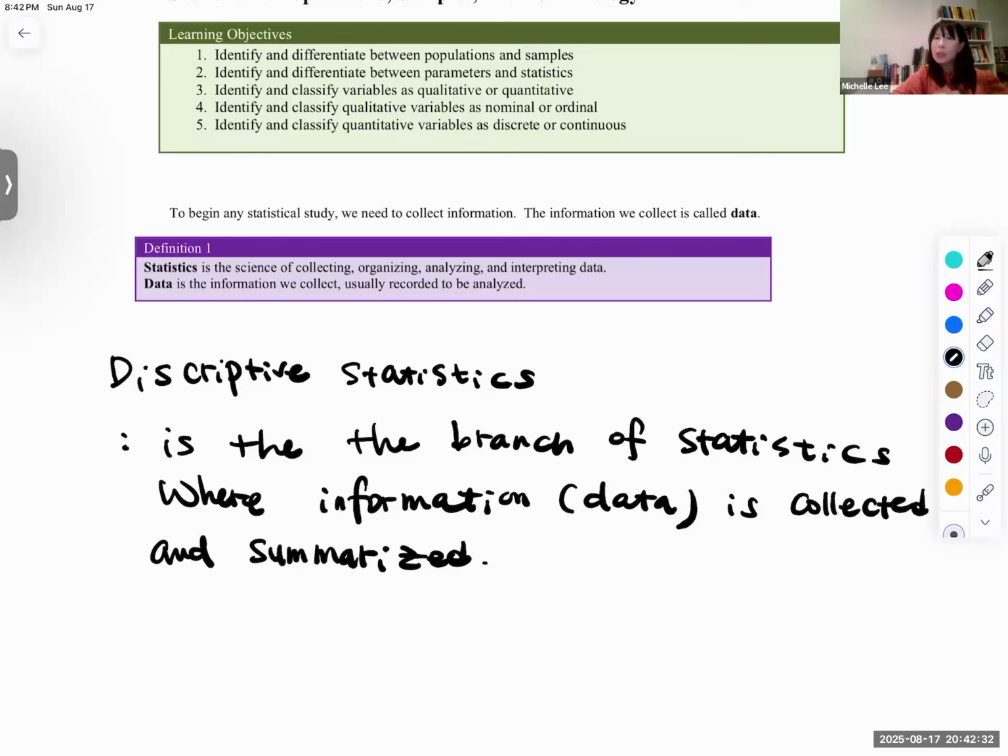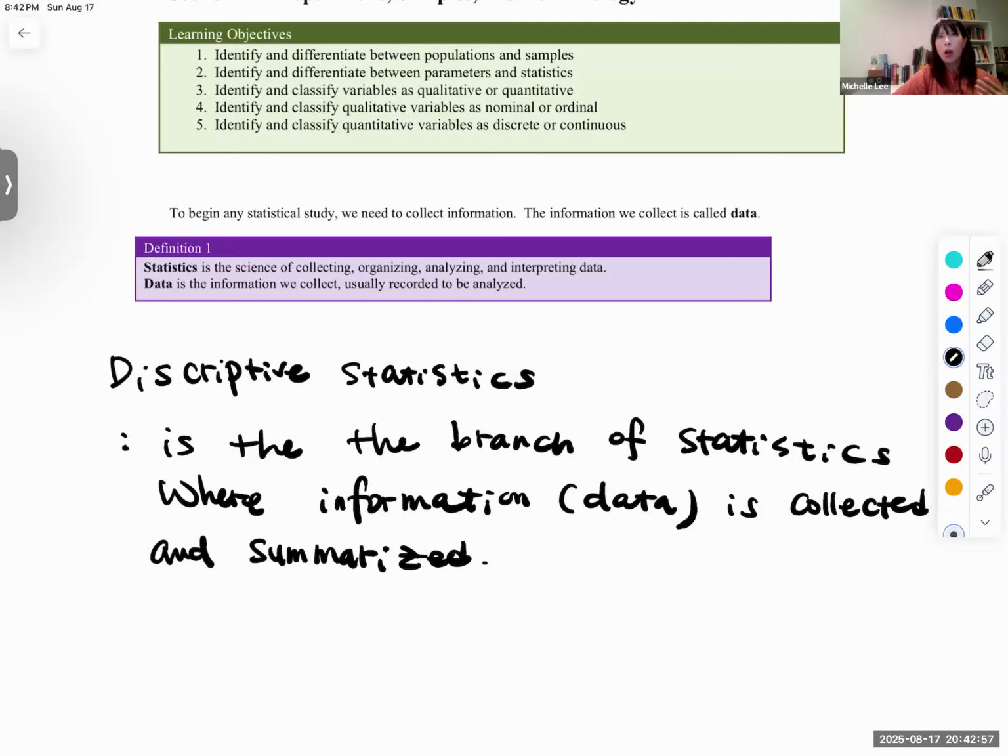Okay, so we have descriptive statistics and the other branch is inferential statistics. We will talk about that later. Then what is descriptive statistics? Descriptive statistics is the branch of statistics where information, which is data, is collected and summarized.